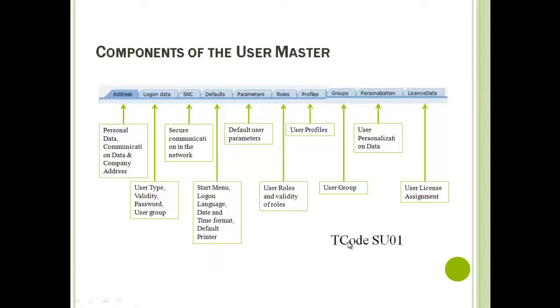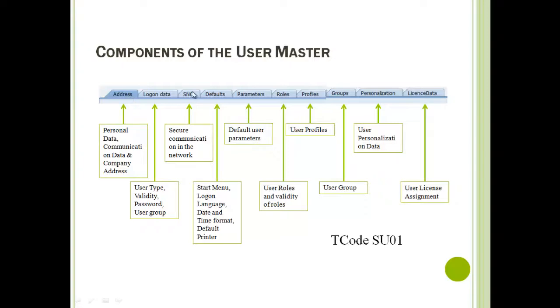So create a user using transaction code SU01. We have also seen all the authorization objects related to SU01 which are required in order to create a user or assign some job role to this user. When you go to SU01, you will see a lot of information in SAP. The first one is address.